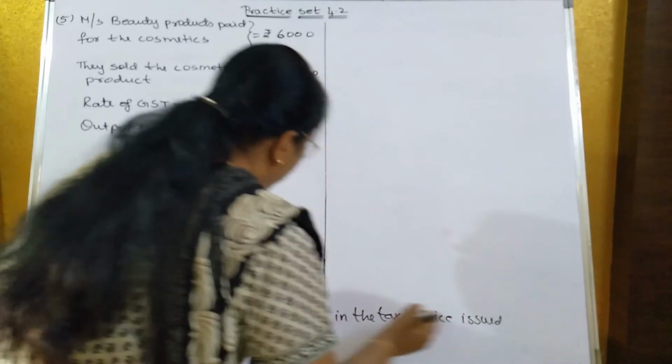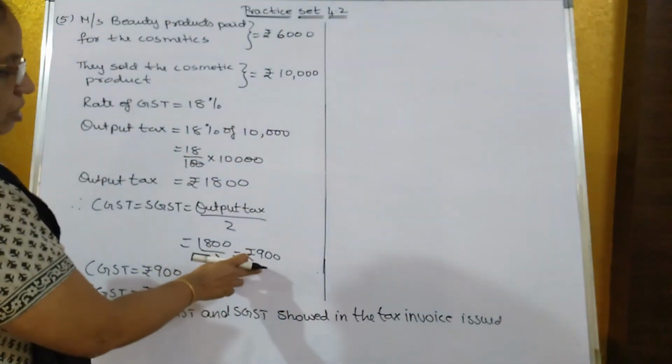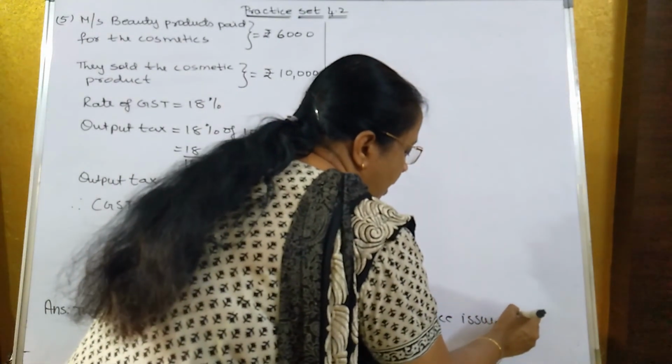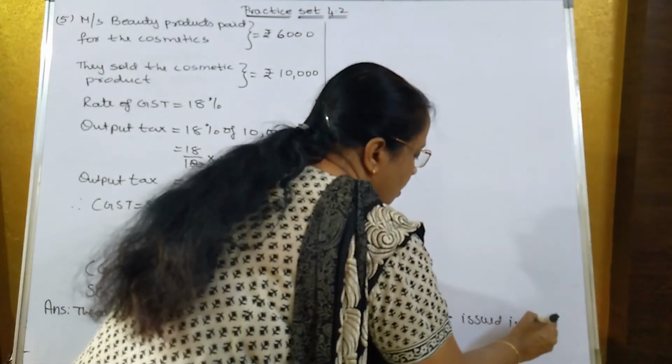Only they have asked about CGST and SGST, so that is equal to how much? Rupees 900 is rupees 900.